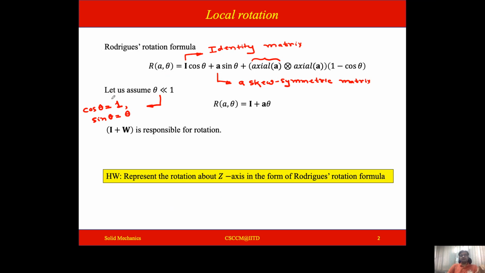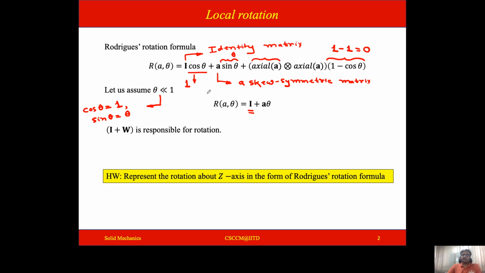And then you substitute this term, so this will become 1 minus 1, that will be 0, so this term will vanish. Here it is cos theta, so this will become 1, so you will have I from here. And then there is A sin theta, which will become A theta, because sin theta will become theta.